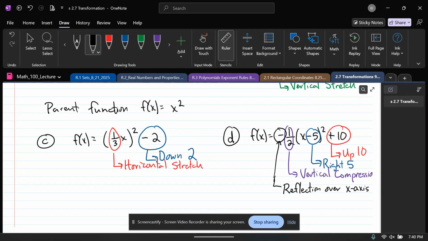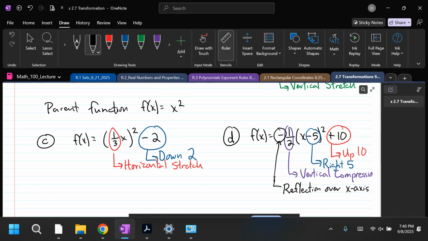So what I can visualize is the parabola, so that U shape that we've seen, moving up 10 and then to the right 5, and then vertical compression is going to make it wider, and then it flips over the x-axis. You can graph that equation with your calculator, but it's hard to tell the difference in a vertical compression and a horizontal stretch on the graph.